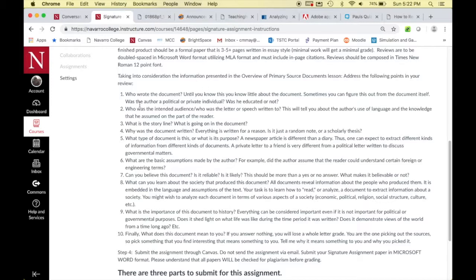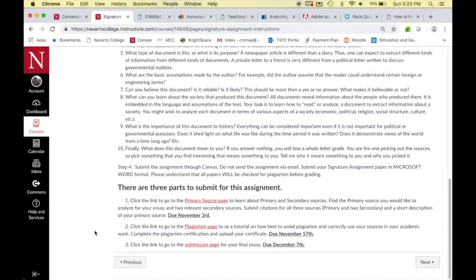So first start out by talking about the author and then the document itself: who was intended to read it, what type of document is it, what sort of assumptions does the author make, why was it written, what is in it, what is the story going on, is it a reliable source for historical accuracy, or is it perhaps a little bit biased, and then what can it tell us about the society that produced this document, and how is it important to us today in history? So those are the three parts.